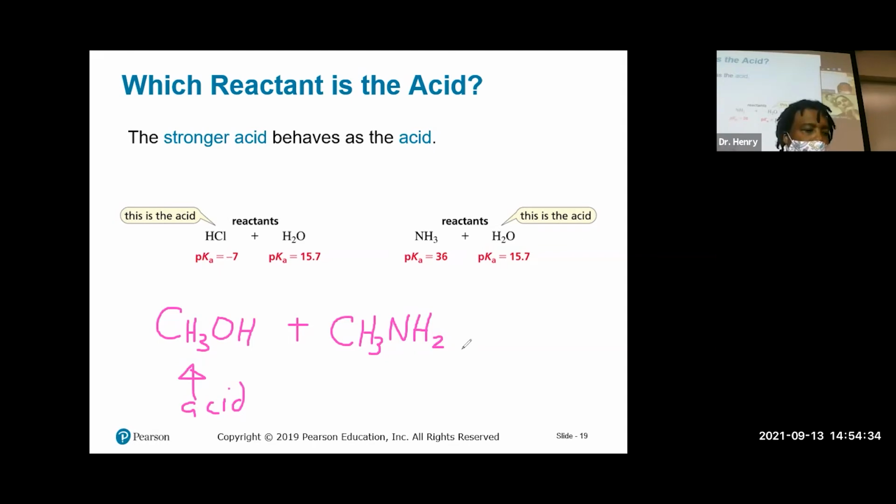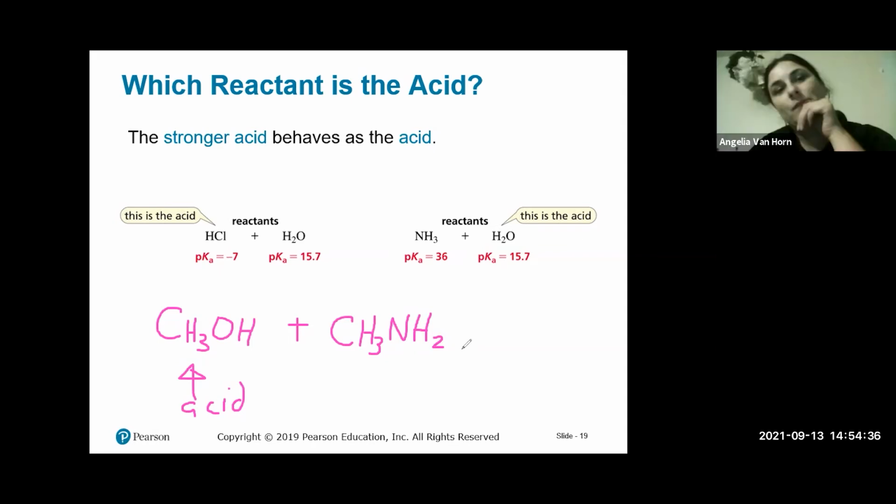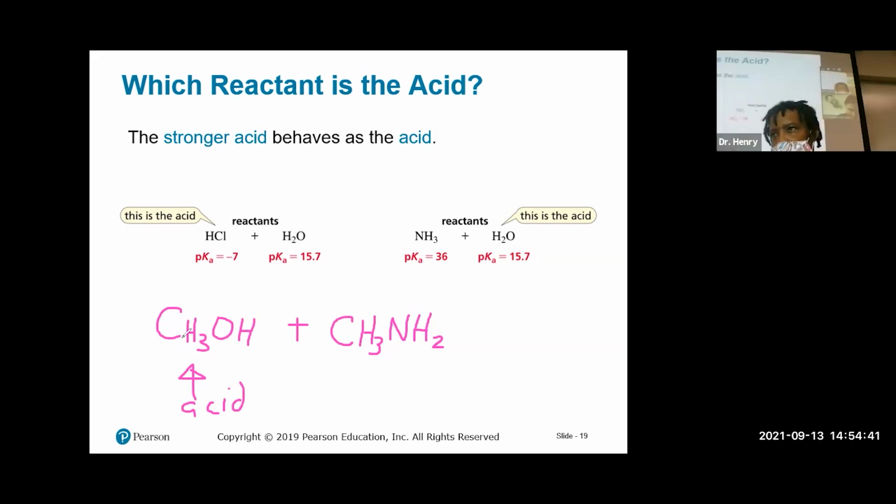This guy has a pKa of 40-ish, and this guy has a pKa of like 10, right? Okay, so that makes sense. This is a methylamine. That's an amine. It has a higher pKa. So which one is going to be the acid?